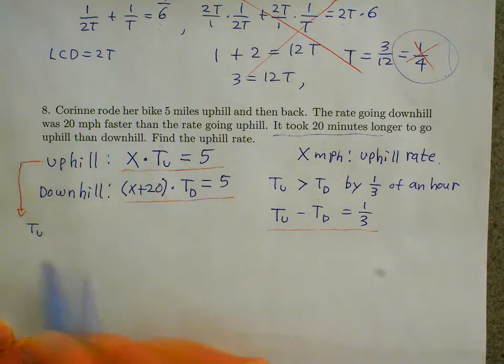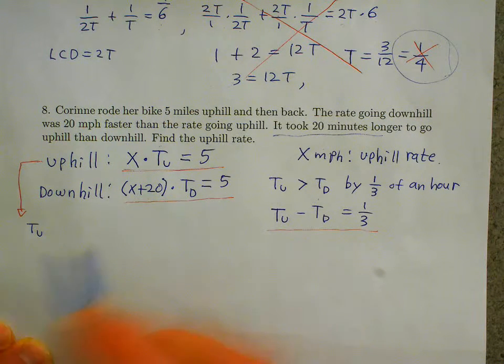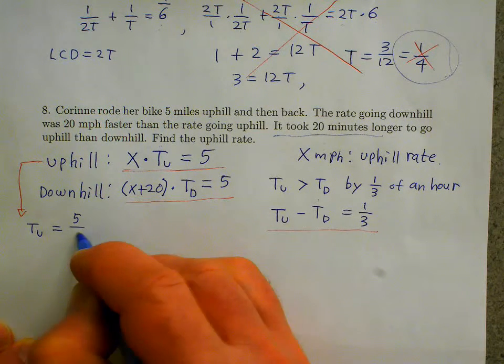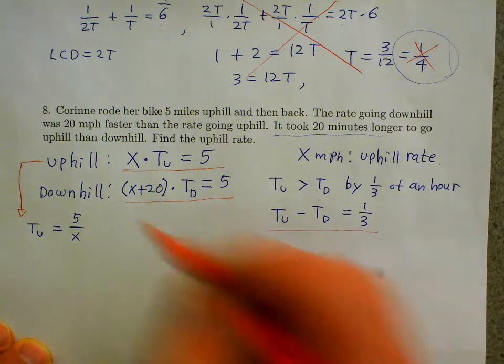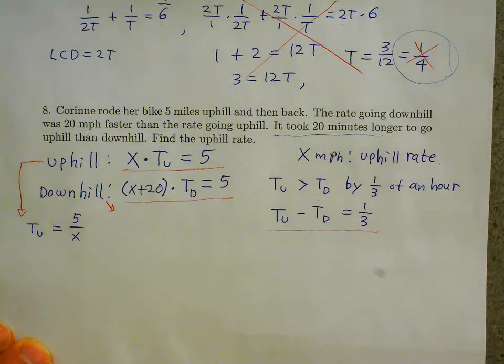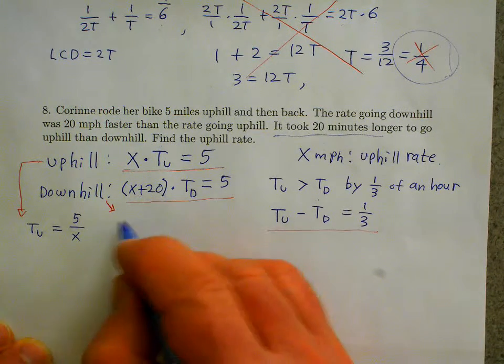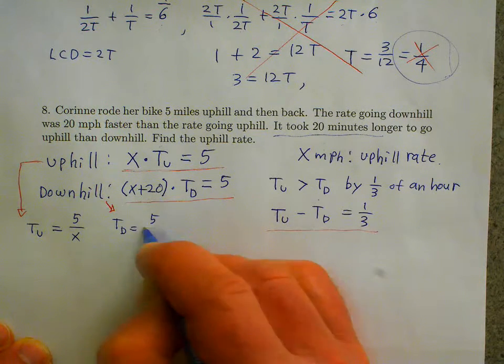So the amount of time it took Corinne to ride 5 miles uphill is distance divided by rate, 5 miles divided by x miles per hour. And then solve the other equation for t sub d, divide both sides by x plus 20. So t sub d is 5 divided by x plus 20.